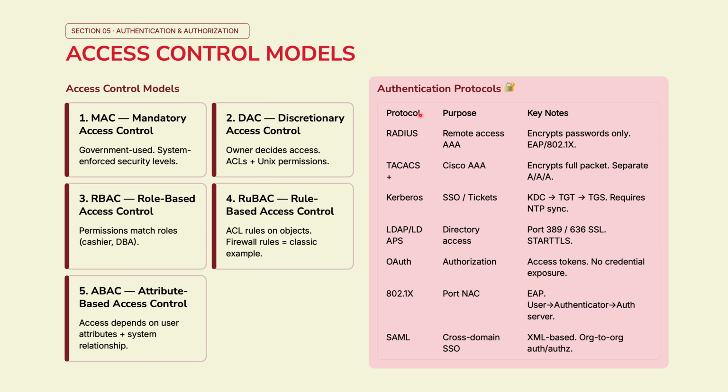Now, next, you're looking at the authentication protocols. There are plenty of different types of authentication protocols. Let's start with RADIUS. It encrypts only the password and is used with EAP and 802.1x for remote access. Okay, the AAA.